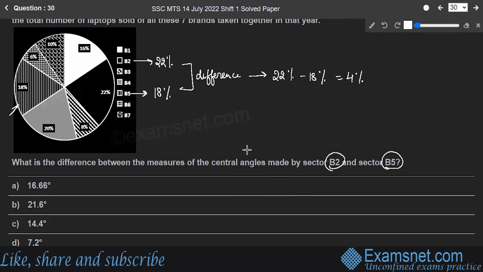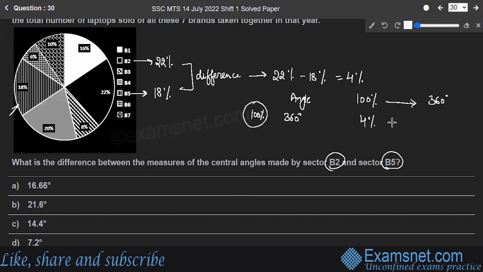For the whole pie chart, it's 100%, right? And for the whole pie chart, what is the angle? It's 360 degrees. So for 100%, the complete angle is 360 degrees.